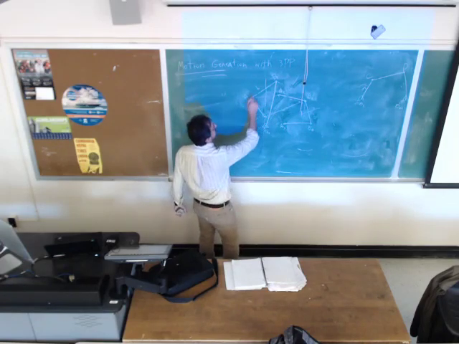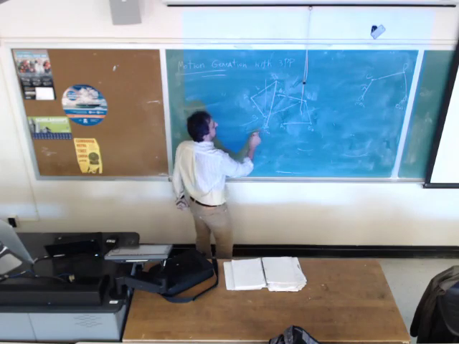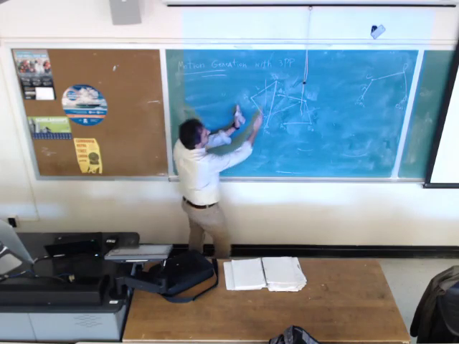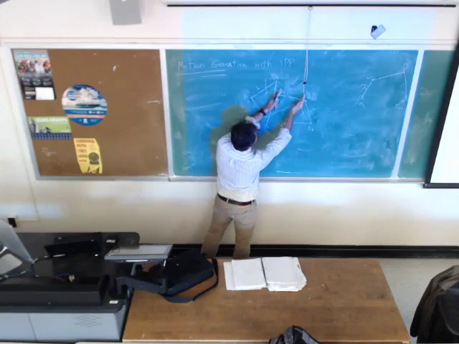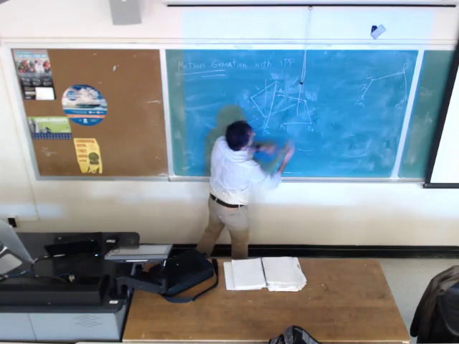So this is A, this is B, this is C, and this is D. So this mechanism is going to move link AB from this position to this position and this position.